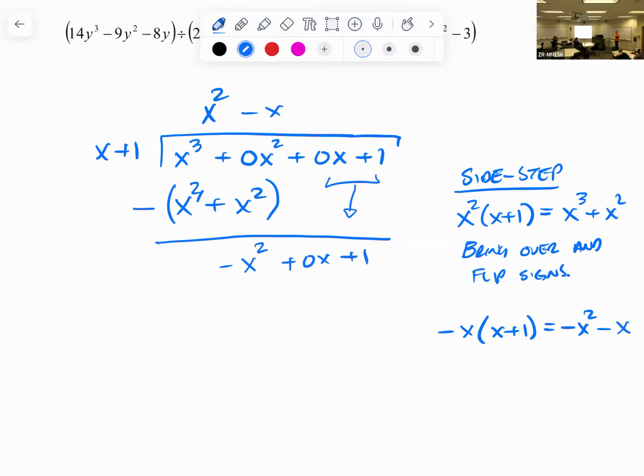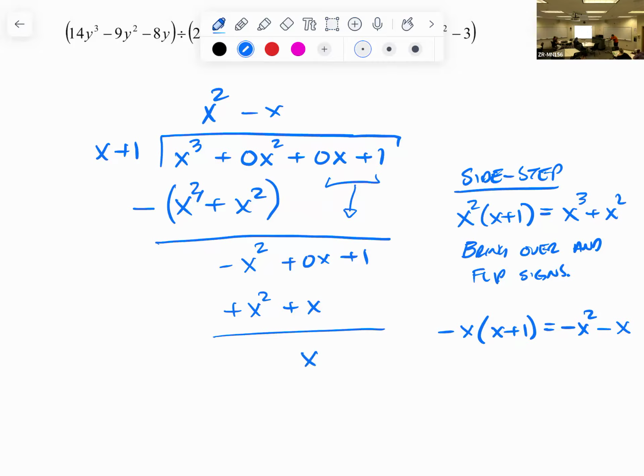And now we've got negatives. This is why when you bring it over, I'm going to bring this over and just flip the signs immediately. Whatever you wrote over here, the signs should be opposite when you write them. And then subtract it down, and again, that first term should always disappear. If it didn't disappear, either you're at the remainder step or you messed up what you should have multiplied by.